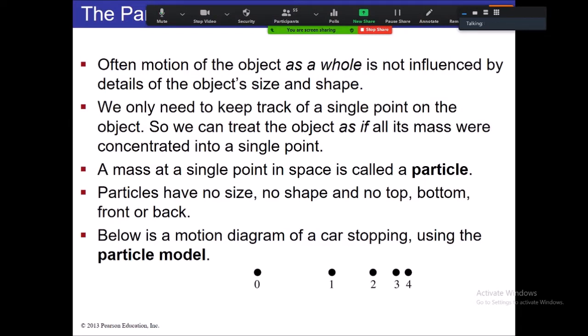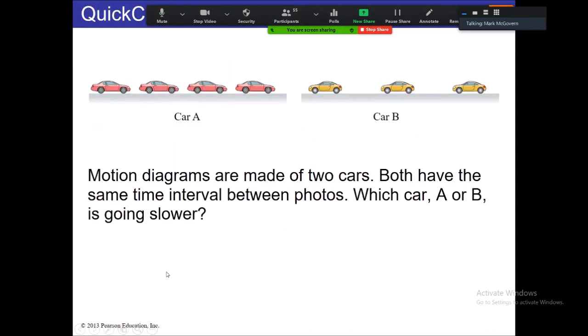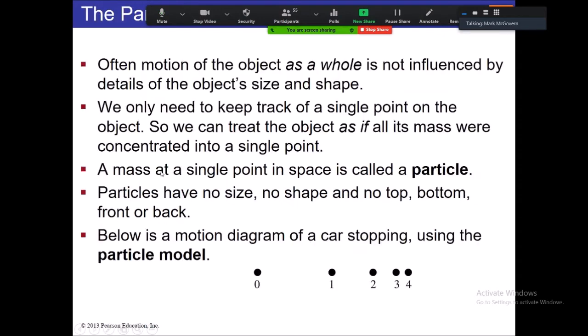Okay. Now, if we use a particle, though, a dot to represent our object, there may be some additional information you may need to include. For example, if I go back to these pictures here, I know car A was moving to the right here because, well, I don't know that, I guess, right? The car could be going backwards, I suppose. Never mind. Okay.